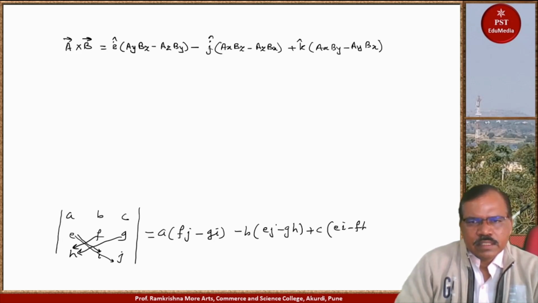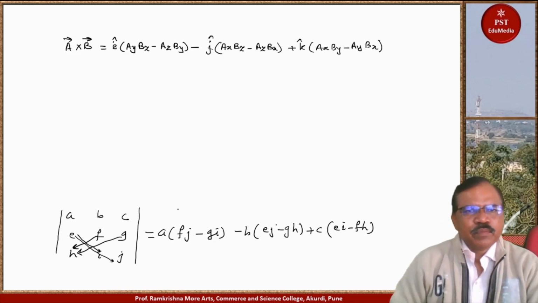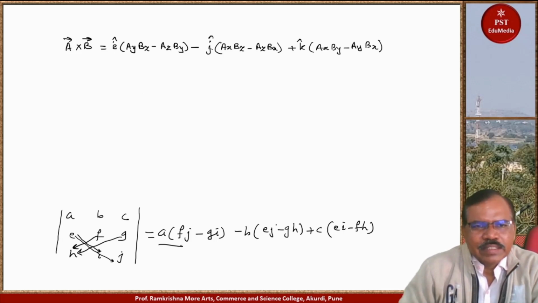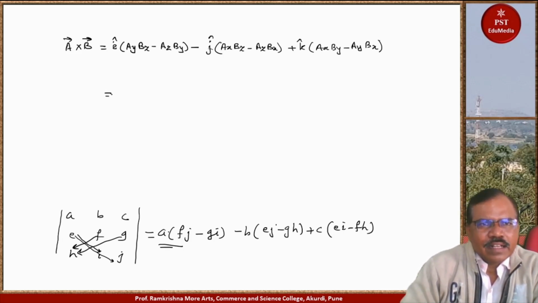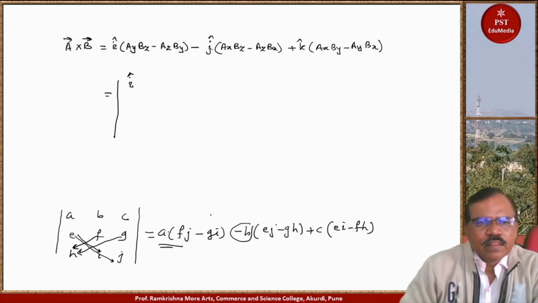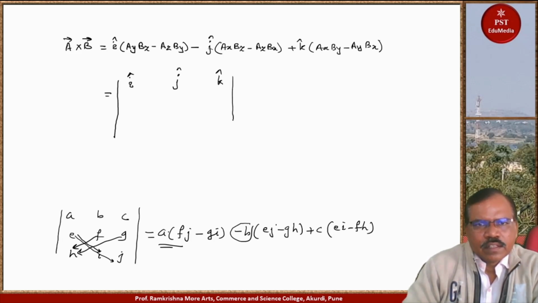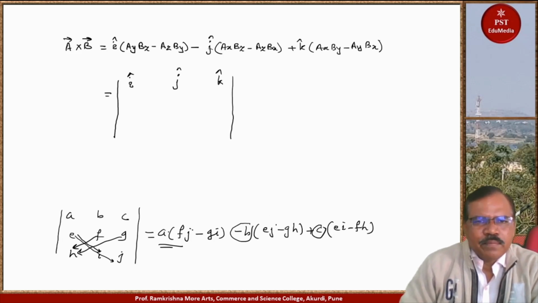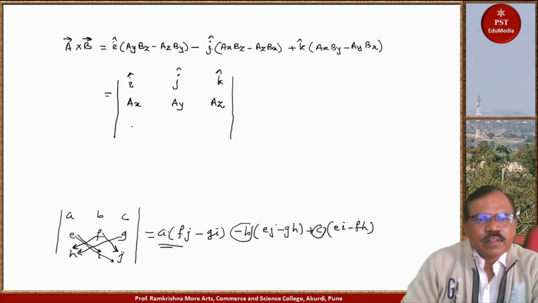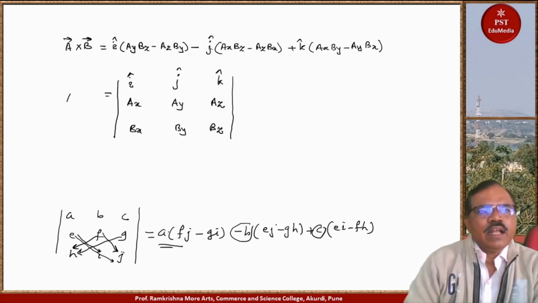Now if we compare with this, I can take this as I, this B as J, and this one as K. So I can write here simply rows AX, AY, AZ and BX, BY, BZ.